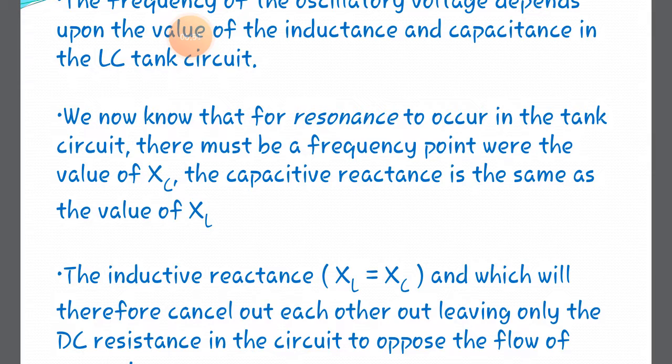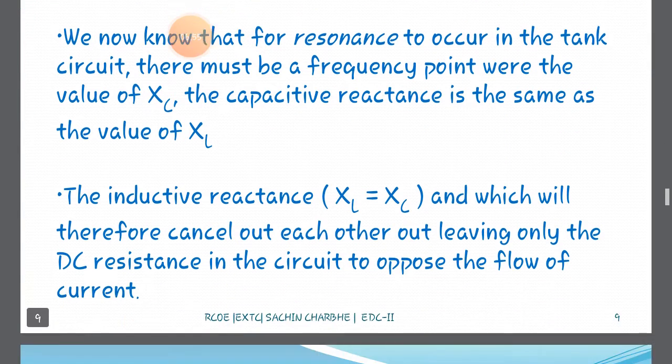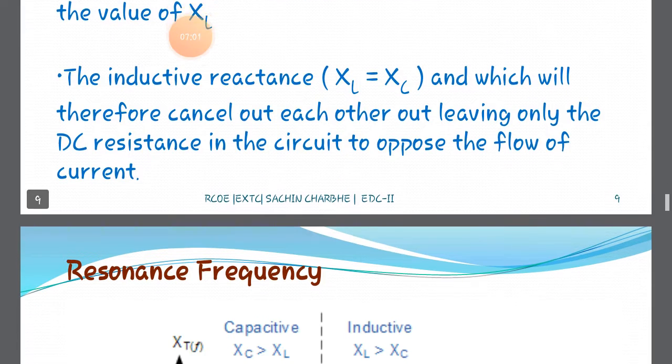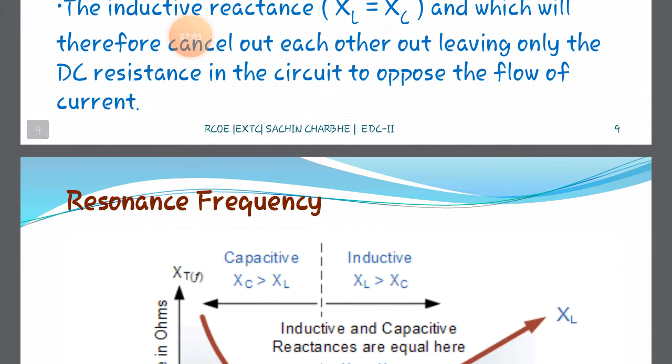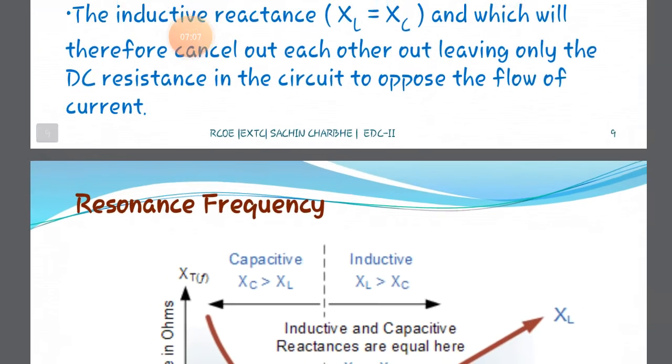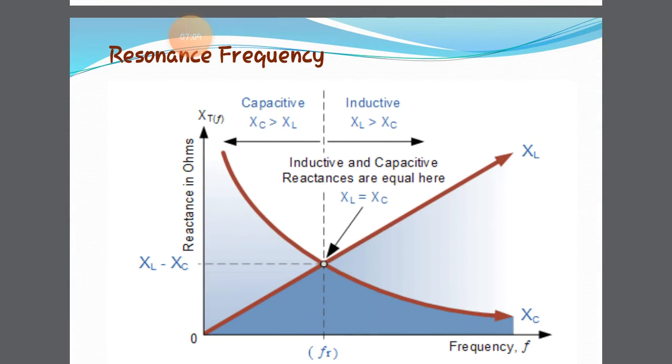Therefore, they cancel each other out, leaving only the DC resistance in the circuit to oppose the flow of current. Now, to understand better, we use the resonant frequency.